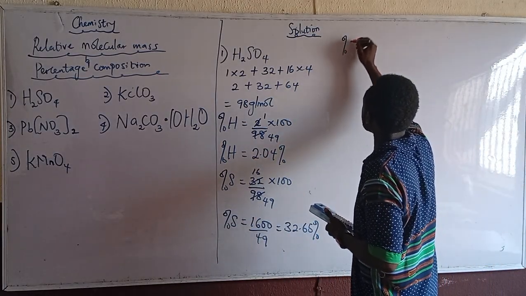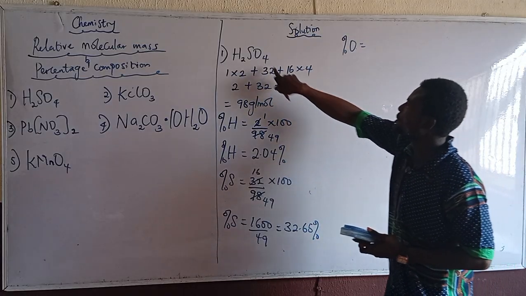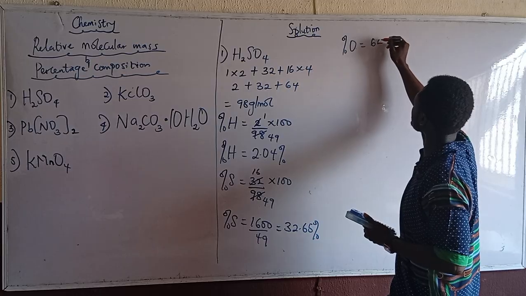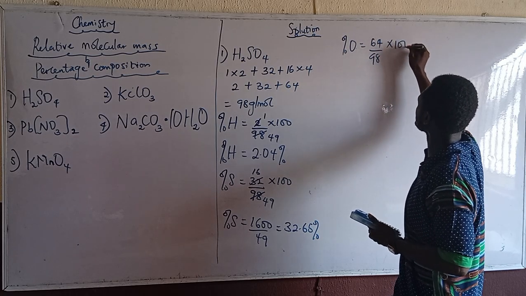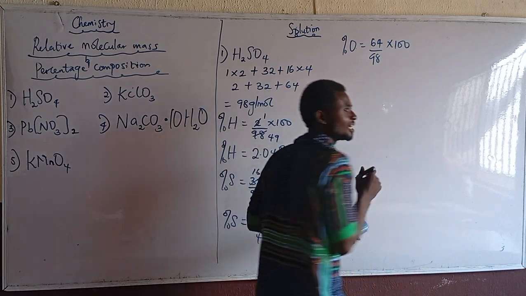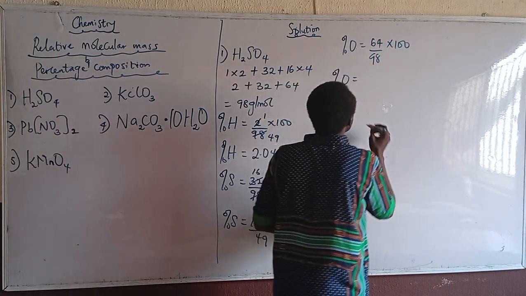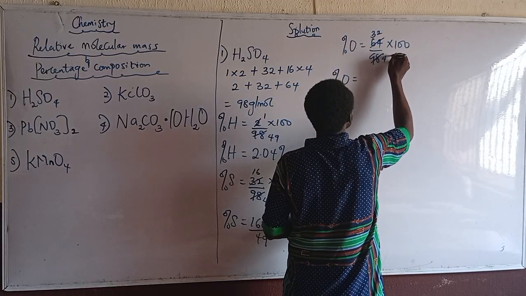Then we move on to oxygen. Percentage composition of oxygen. Oxygen is 64 because I have 4 atoms there. Here becomes 64 divided by 98 multiplied by 100. So 2 here will give me 32, 2 here will give me 49.